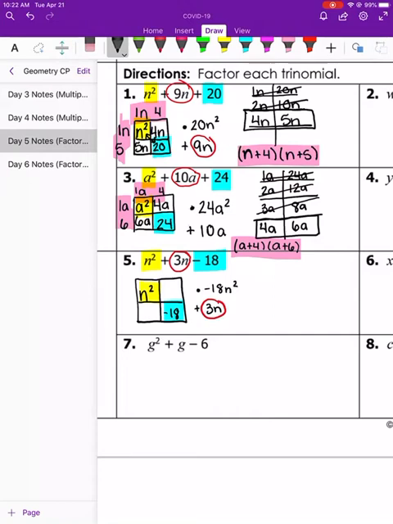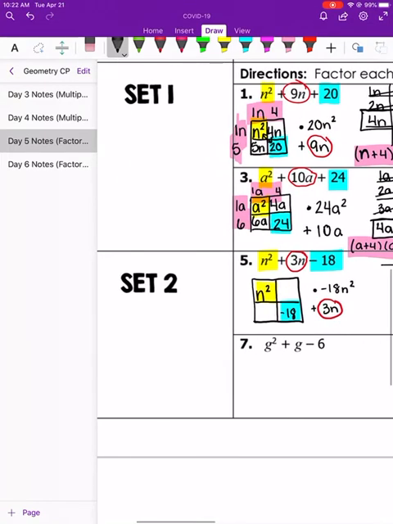Okay, so again, we're going to create our little chart over here. So this time I want to multiply to a negative 18n squared. So it's a little bit different, not by much. So what I just need you guys to remember is that when we're multiplying to a negative number, one of those numbers is going to have to be negative. Because if you guys remember, if I have 2 positives, so if I have 2 times 2, this is going to give me a positive 4, right?